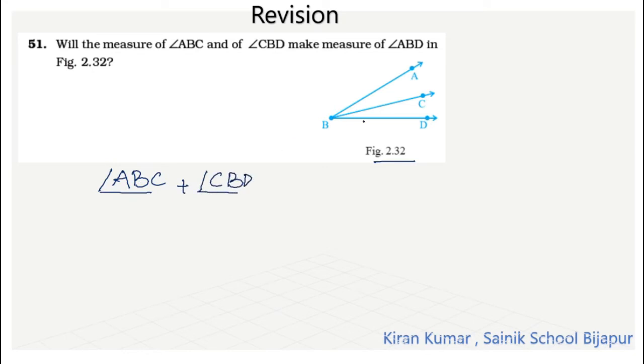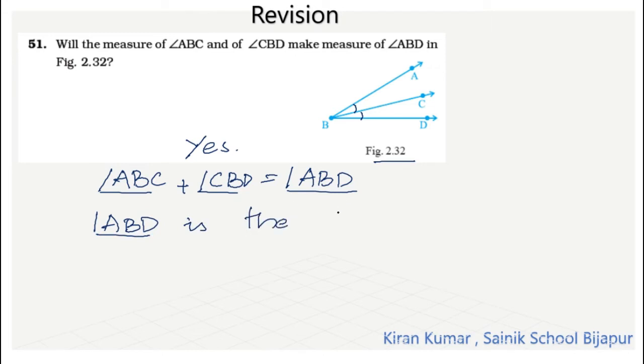Look at their sum. This angle added to this angle forms angle ABD. So the answer is yes. Angle ABD is the sum of angle ABC and angle CBD.